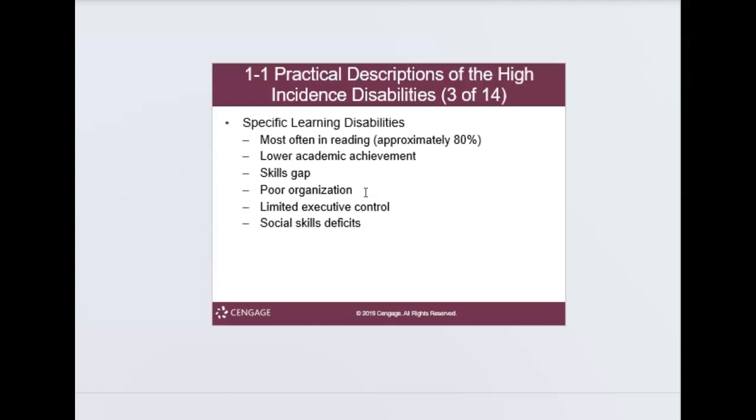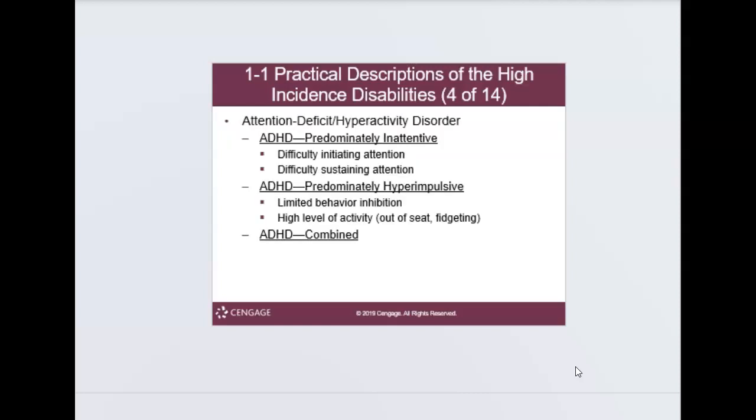They might just appear to be kind of messy, but that's not really it. They just have difficulties with organization, executive control. They might have some social skills deficits, right? Especially as students get older, they know that they can't read as well as their peers. So that might cause them to act out. It might cause them to be bullied, unfortunately, not have many friends. So there's a whole bunch going on.